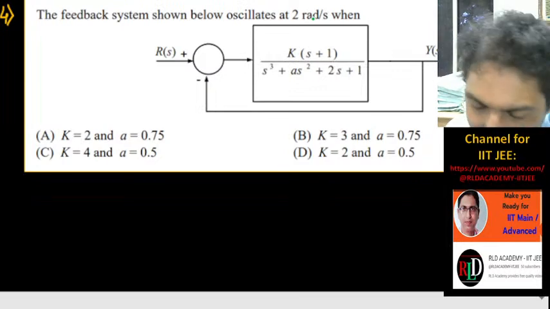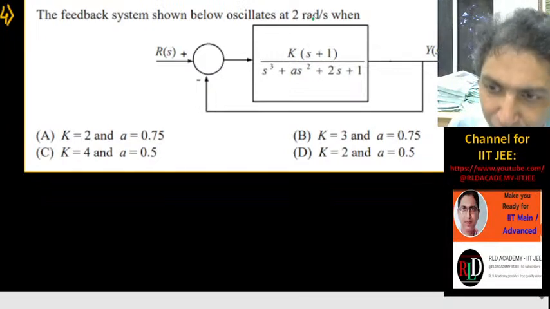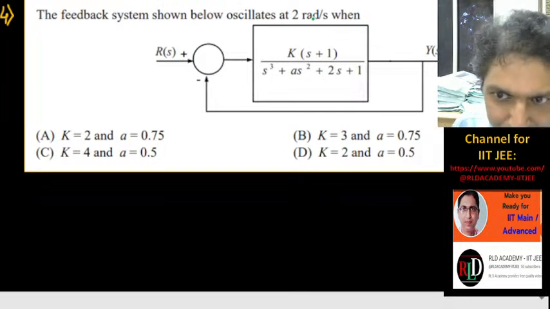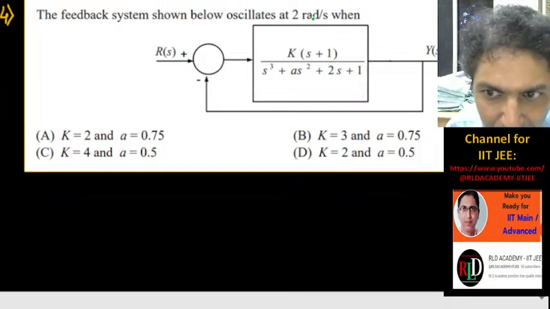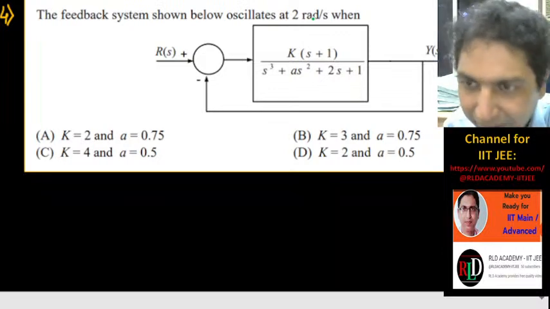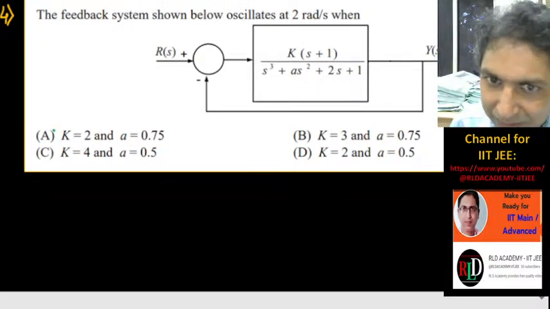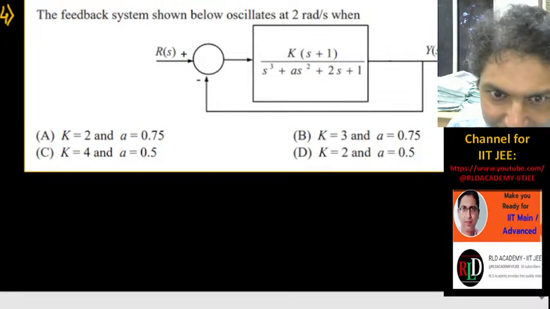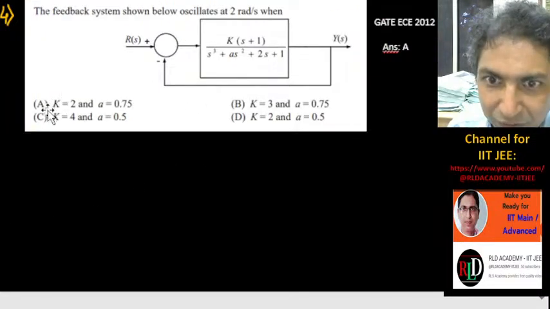In other words, s square plus 4 equals 0 should be a factor for this one. Now let me discuss this in a detailed way, and its answer would be the first one.